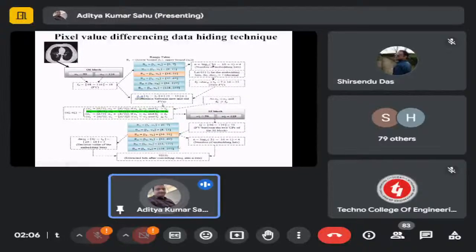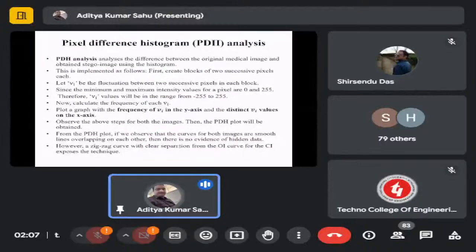This method was the first proposed work in the pixel value differencing technique. After that, thousands of modified PVD techniques have been proposed. Most researchers have found that this method has a lot of issues and drawbacks. One of the problems is PDH analysis, pixel difference histogram analysis.